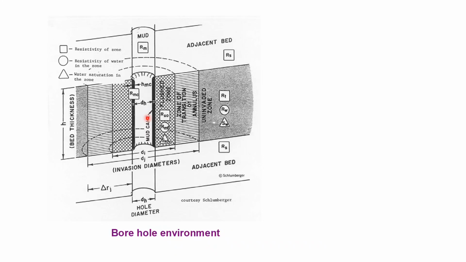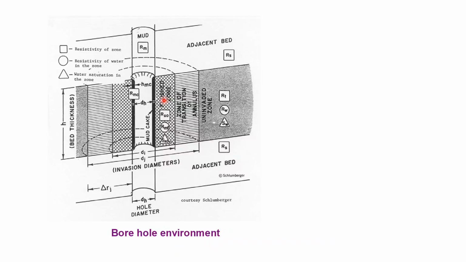So drilling a borehole generally will move all the content in the well to the sides. So you see here the mud cake is pushing the water content or anything to the next zone and from there to the other zone.